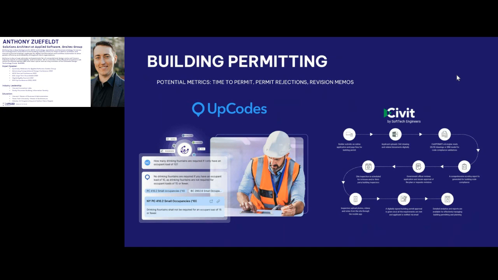Basically what it does is it allows you to have an assistant that works alongside you as a designer to verify building code compliance. So you can go in there and ask it things like, how many drinking fountains are required if I only have an occupant load of 10?